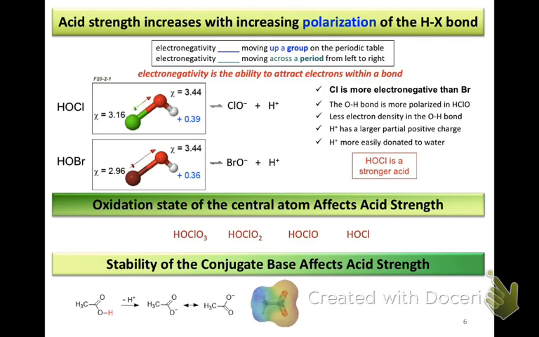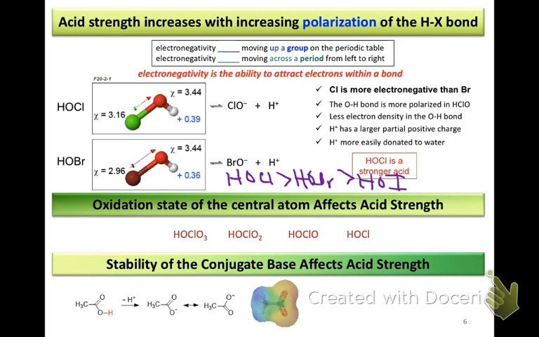If you were to look at the three different oxyacids, HOCl, HOBr, and HOI, and put them in order, you would say HOCl is greater than HOBr, which is greater than HOI. And this follows electronegativity trends.